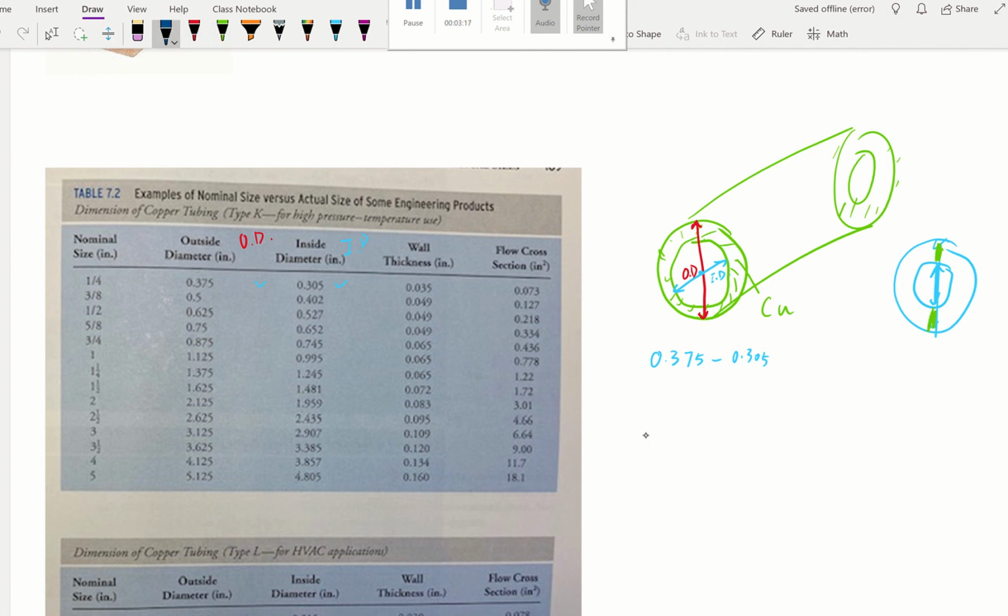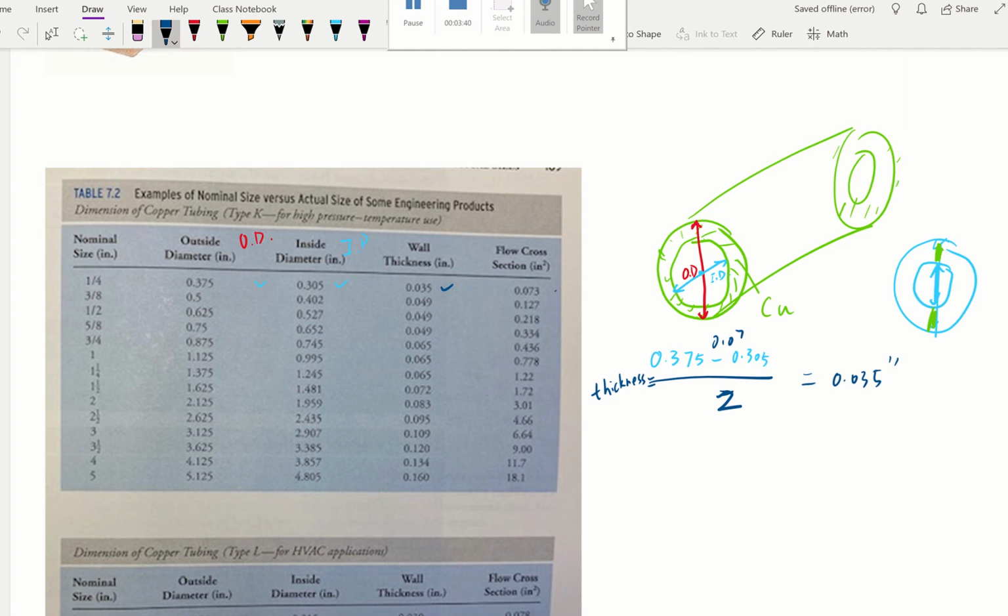So to solve that, you have to divide it by 2. Oops, divide by 2. That's going to be the thickness of the wall. When you calculate that, you get 0.07 here, divided by 2, so it's 0.035 inch. Exactly the same number as this one here, okay?